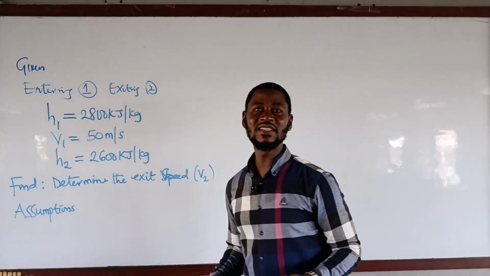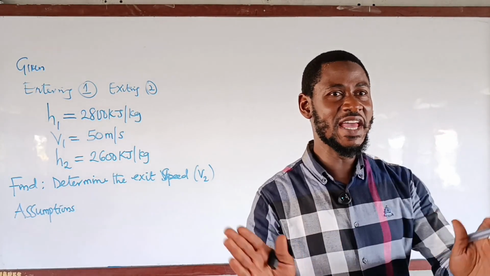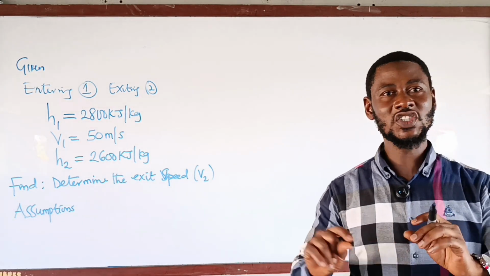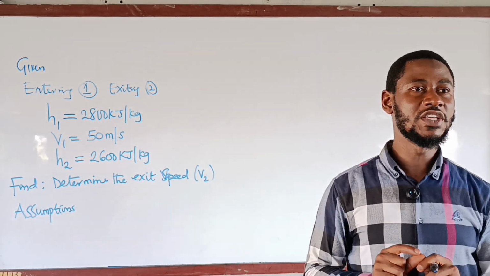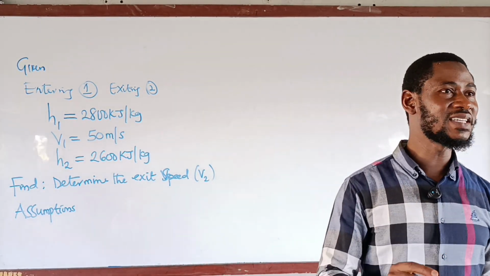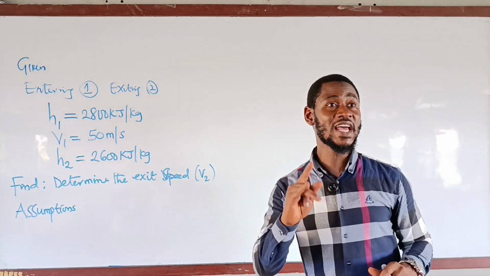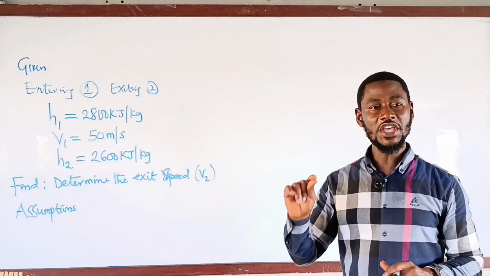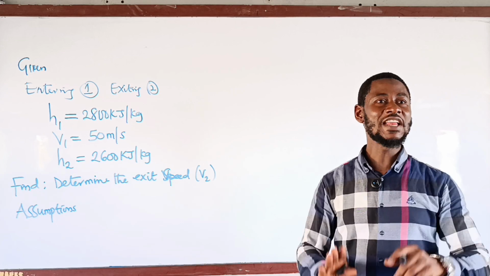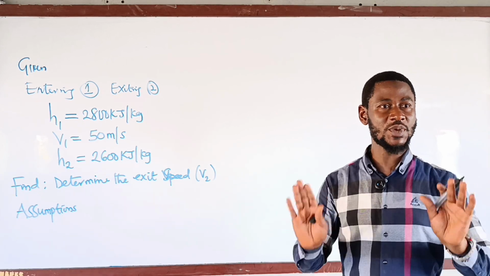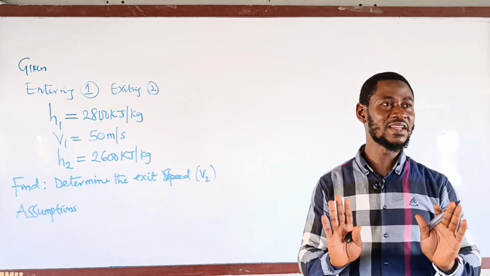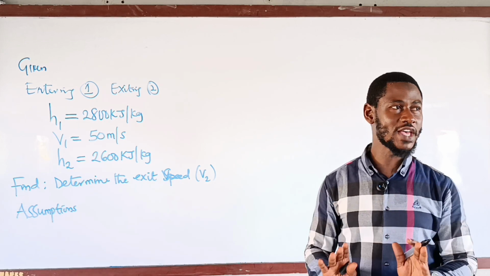In the question, the assumptions are already there. Number 1, no work transfer in the system. Number 2, potential energy is disregarded, and heat transfer in such a case becomes 0. Those are the 3 assumptions in the question.